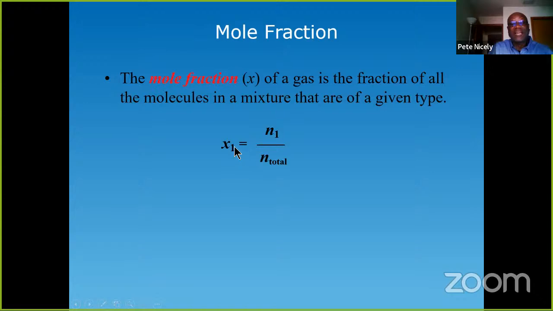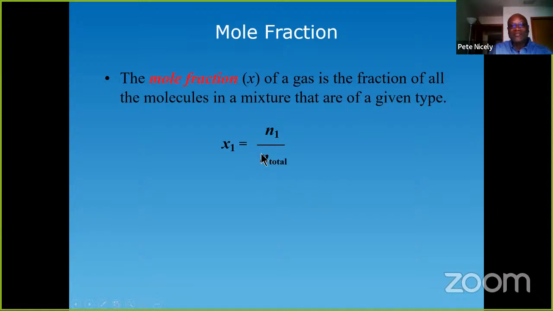The mole fraction of gas 1, if gas 1 is one of many gases in a mixture, is equal to the number of moles of that gas divided by the total number of moles of all the gases in the mixture, all right? And you'll notice that the units here for N1 will be moles, the unit here for N total will be moles, so therefore, the mole fraction will have no units, right?